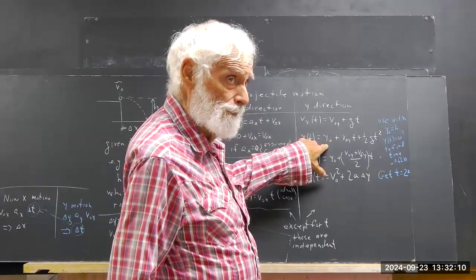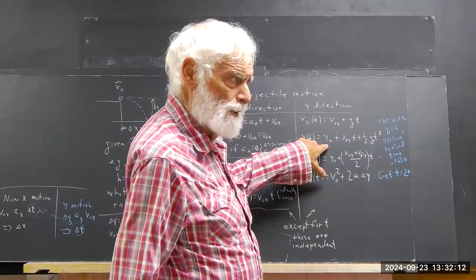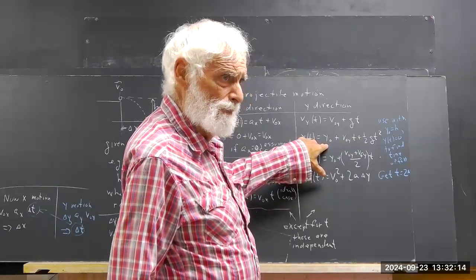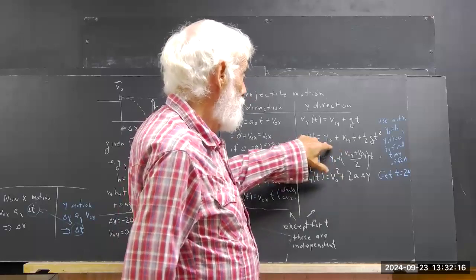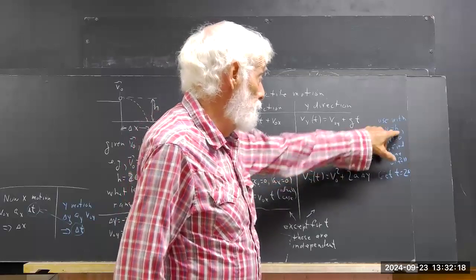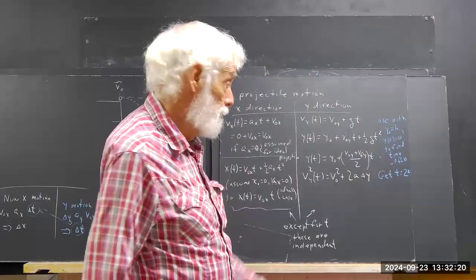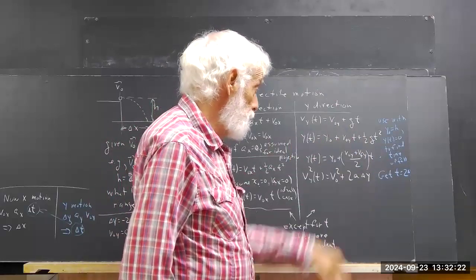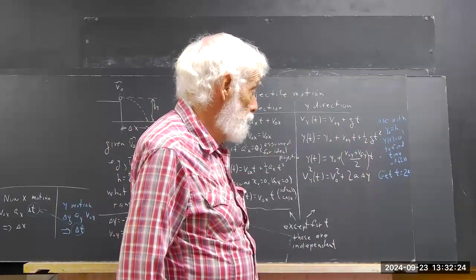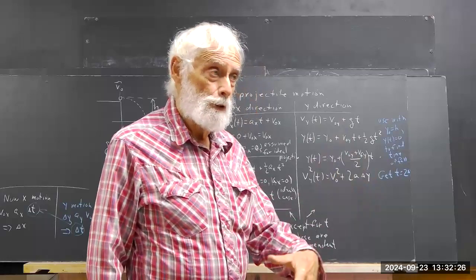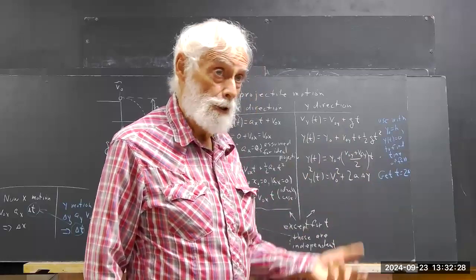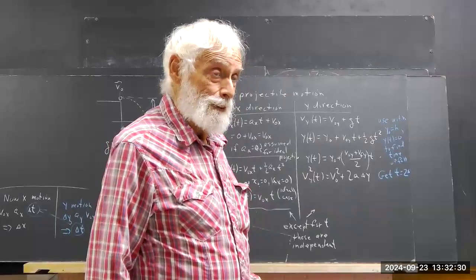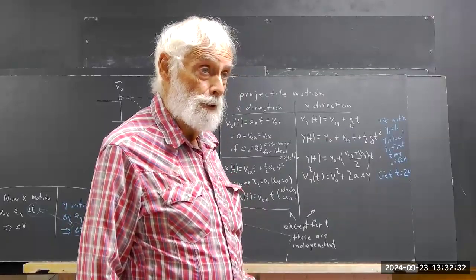Y naught equals h. That's 20 meters in this case. So you can formally take this equation with the value of g, which is negative 10 meters per second squared. If you want to do a quick calculation, negative 9.8, whatever it is here that we don't know.